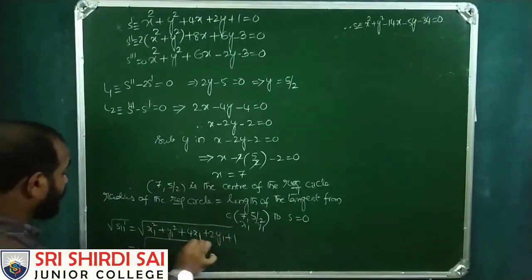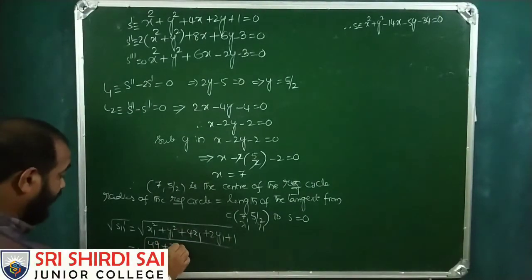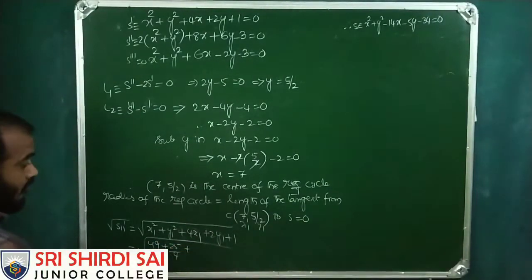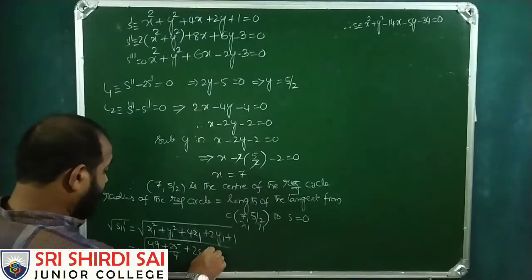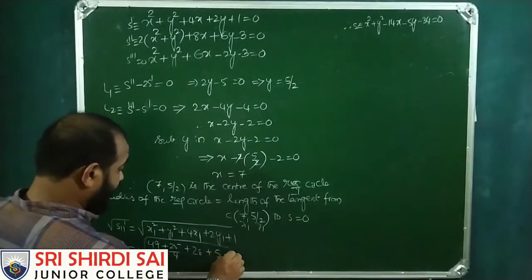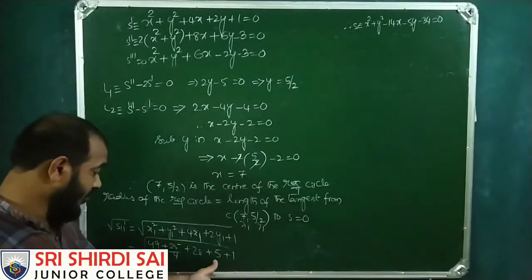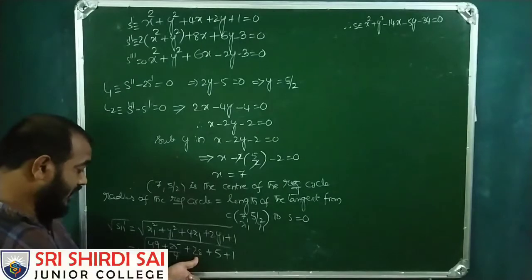This is equals to 7 square 49, 25 by 4, 4 7s are 28 plus 2 into 5 by 2, 2 gets cancelled, 5 plus 1. 49 plus 1, 50, 55, 55 plus 28, 83.